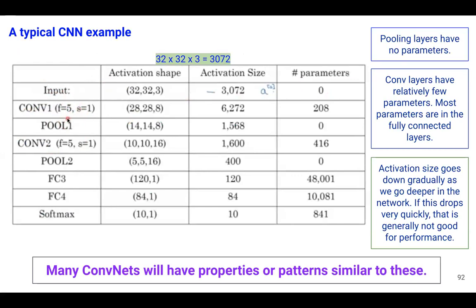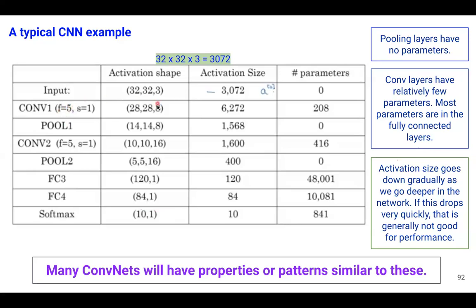Let me pull out our calculators so that I don't make mistakes while computing this. Okay, so you have a 5x5 filter. One filter will have 25 W parameters, and then they have used 8 filters.